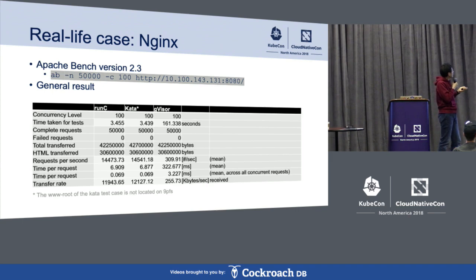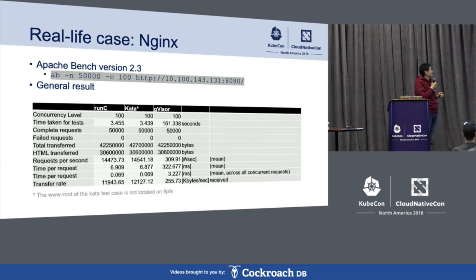There should be a time per request, looks like the average time, and here Kata and runc are quite similar. And here is a note: we didn't use 9pfs for the Kata test. If you use Kata with 9p, 9p will introduce some penalty here.